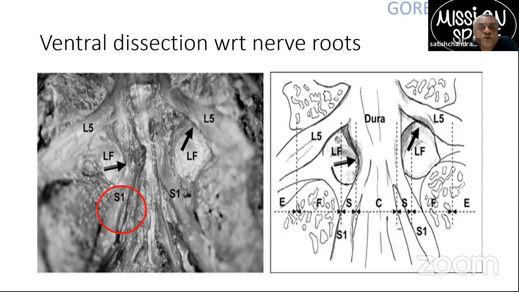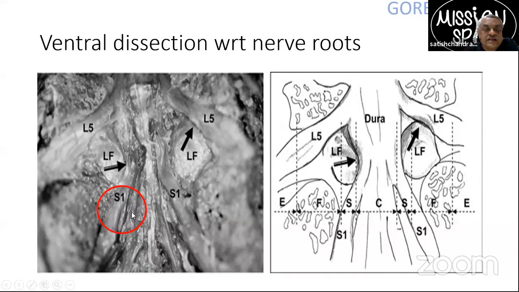Then we look at the dural sac, as you can see here in the right side image, and we are looking from the front. So what we see here, this is the dural sac. You can see the L5 root, which is labeled, and you can see the traversing nerve here, which is going down.